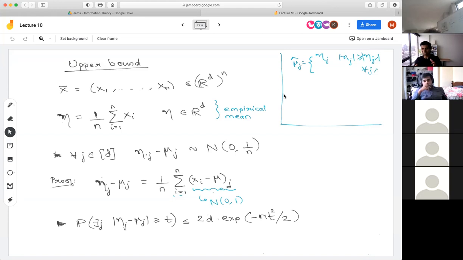And if there are more than one entries which are equal in absolute value, just break ties arbitrarily. So just pick one as your largest entry. We have a budget of one coordinate which we can output as the non-zero coordinate of the mean, and zero otherwise.